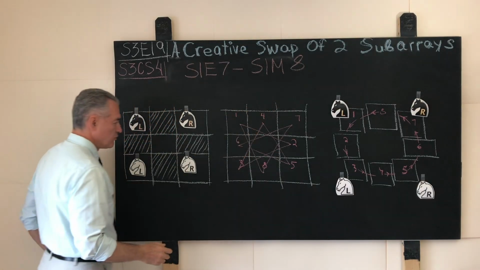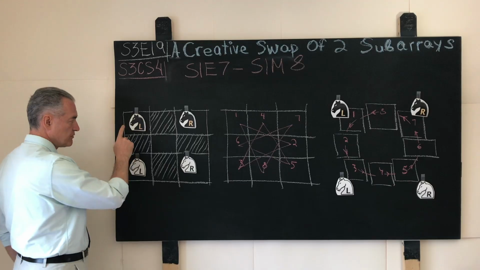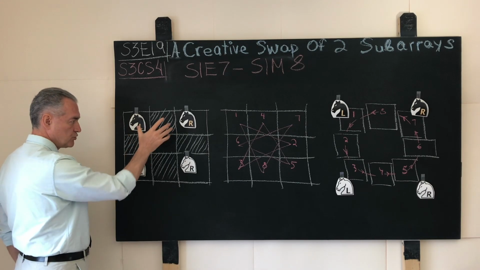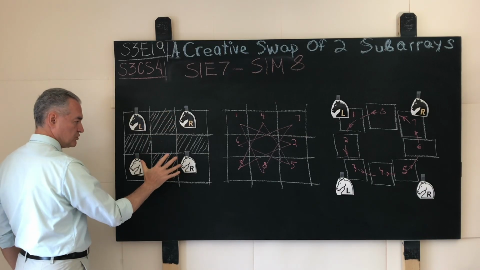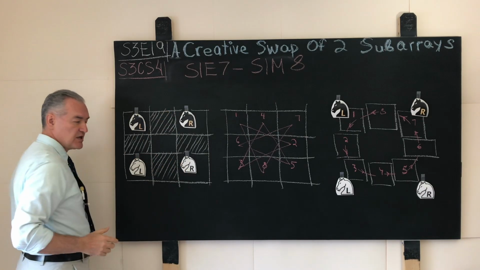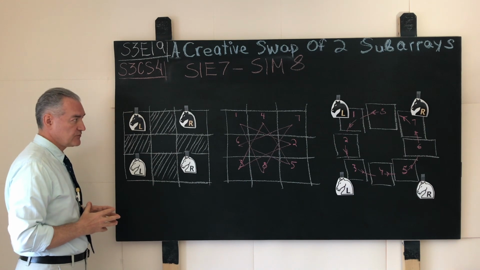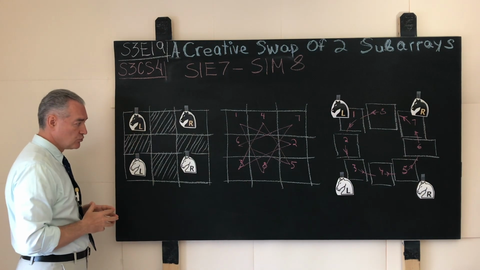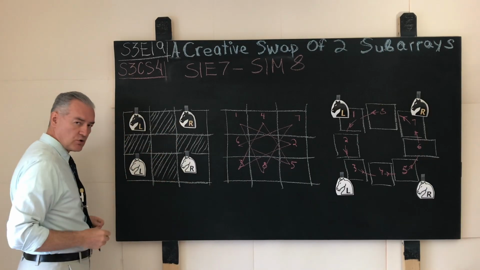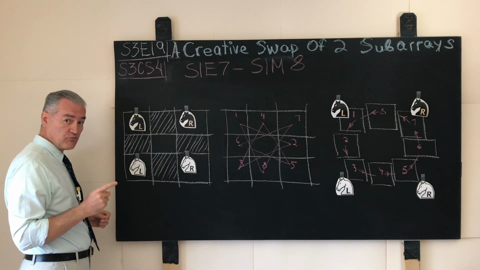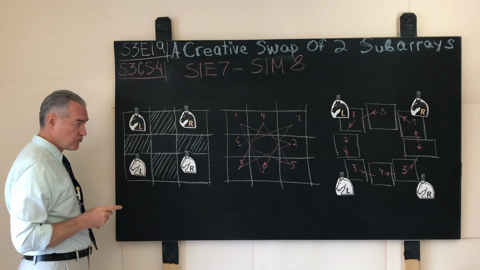In that problem, we were given a 3x3 chessboard, black squares, white squares, two pairs of opposing color chess knights, two black chess knights, two white chess knights, and the objective of this problem was to swap the positions of these two pairs of knights in the smallest number of moves.